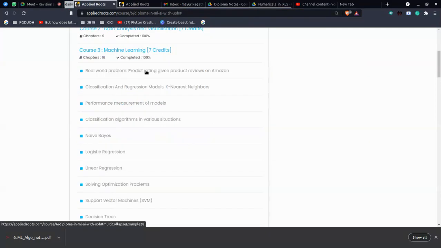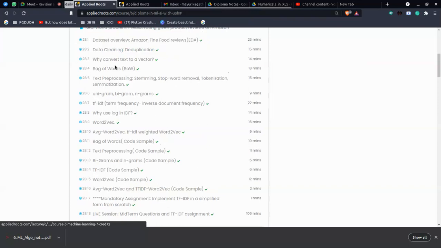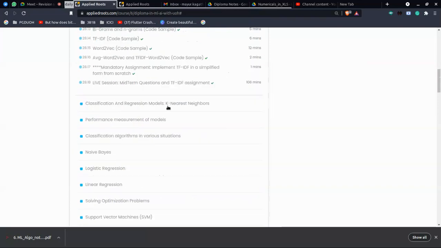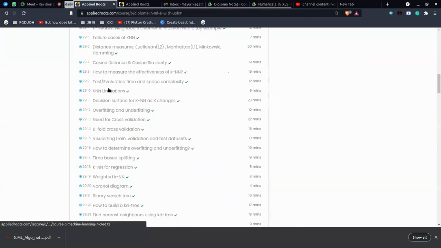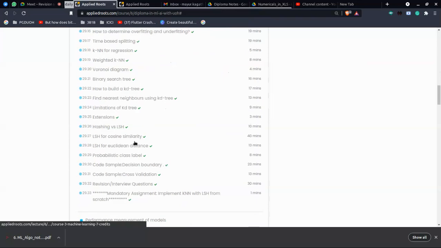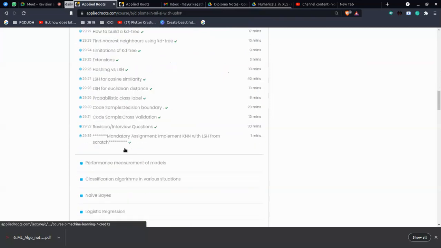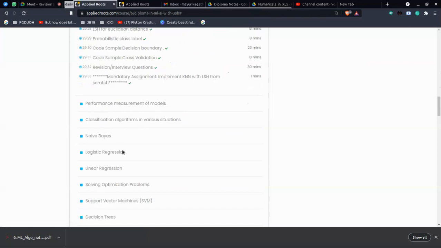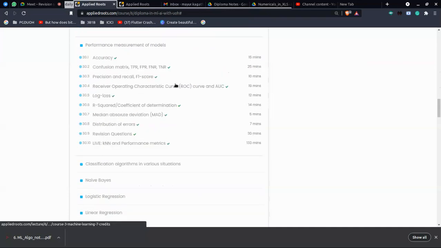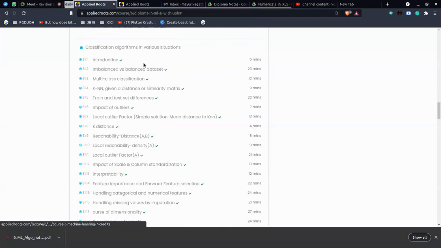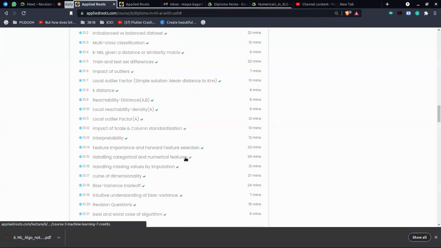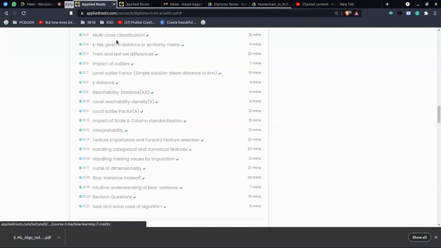So in machine learning, we completed NLP, BOW, TF-IDF, word2vec, then KNN, cosine similarity, LSH, right? Then Euclidean LSH, then performance measurement also we completed: accuracy, TNR, FNR, R square, MAD, and the cases of machine learning algorithms.